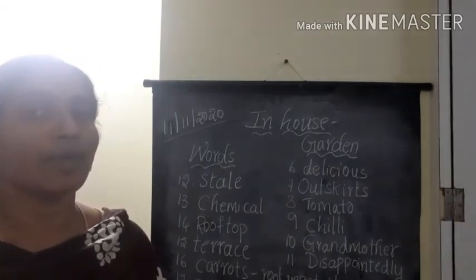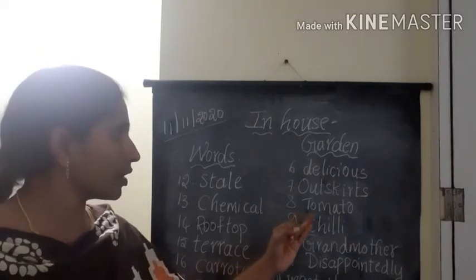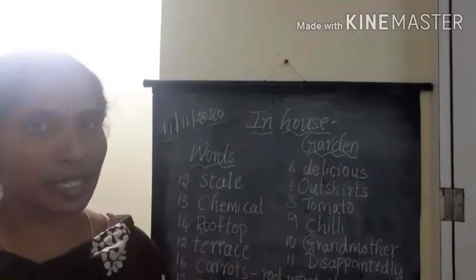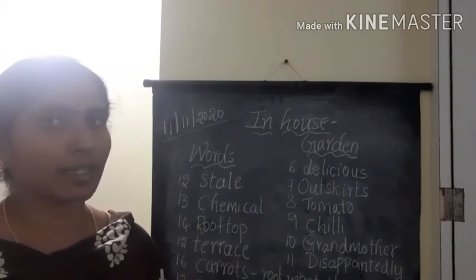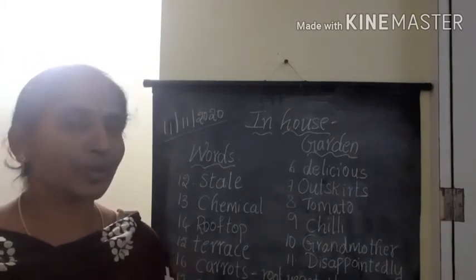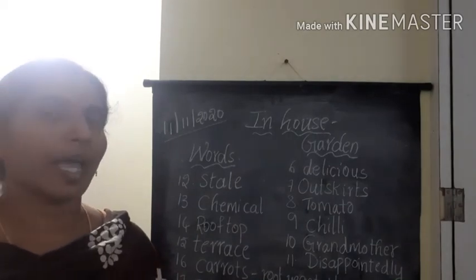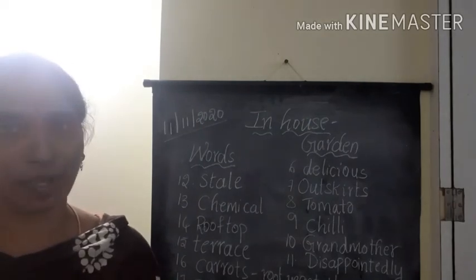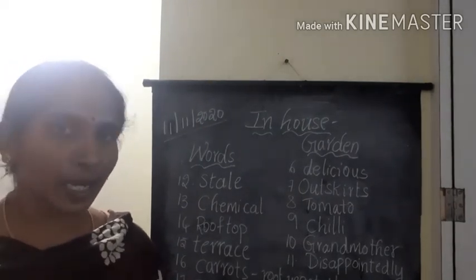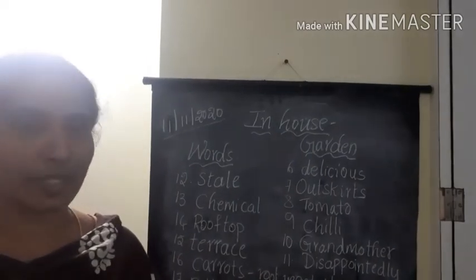And what did she do? She asked, why were these tomato and chili plants in the veranda? And she was explaining that coming to our grandmother's house is very happy because we could enjoy well in our grandmother's house.